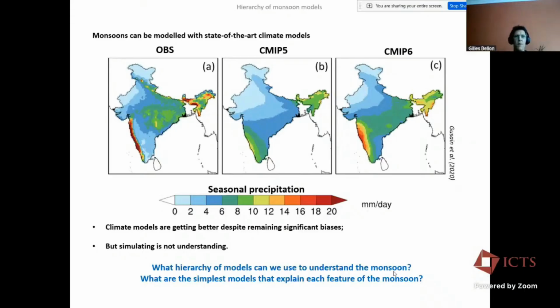I think there is some contribution of resolution, but not that much. I think models are getting better, and they're getting better in different respects, depending on the models. Some have a better representation of deep convection, better parameterization of deep convection.